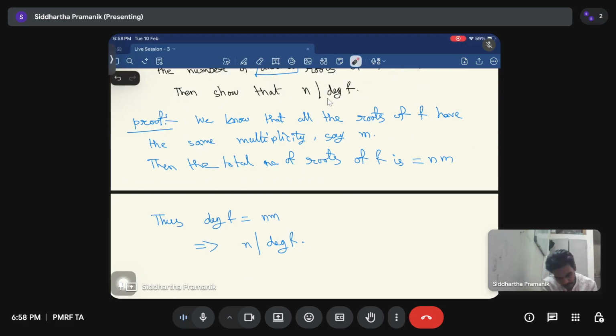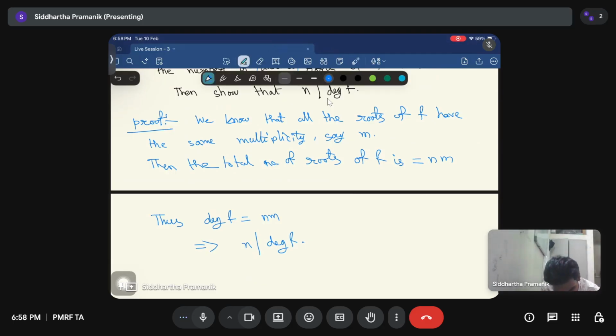Now also note that this multiplicity also divides the degree of f. So that is also one observation. Okay, now let's move on.